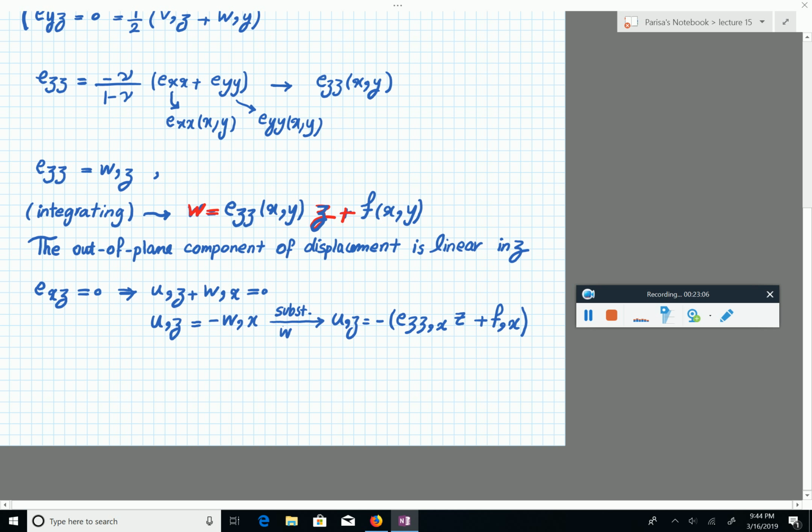I'm just substituting w from above. So we have now an expression for u comma z. If we integrate, we see that u is not independent of z, and the dependence is on z squared.